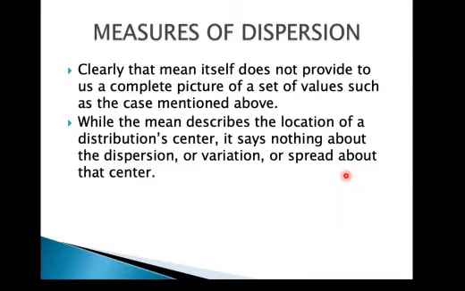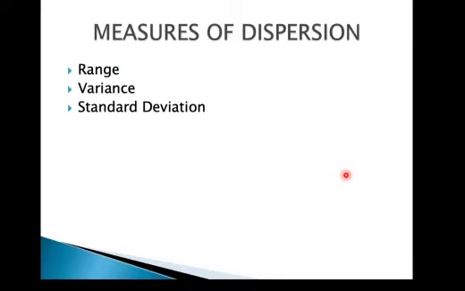And so, we need to understand as well measures of dispersion. We actually have 4 measures of dispersion: the range, the variance, the standard deviation, and the coefficient of variation, which I failed to write here. We'll discuss these different measures of dispersion one by one.